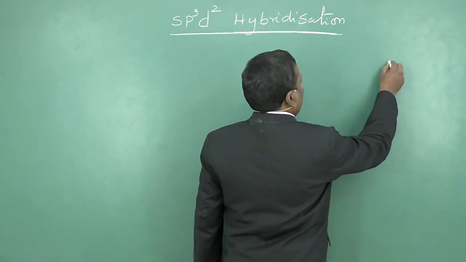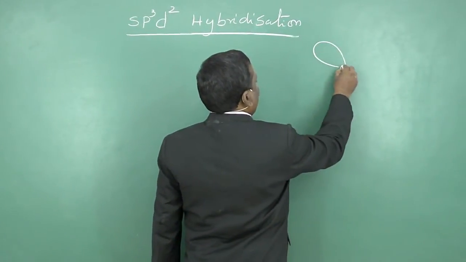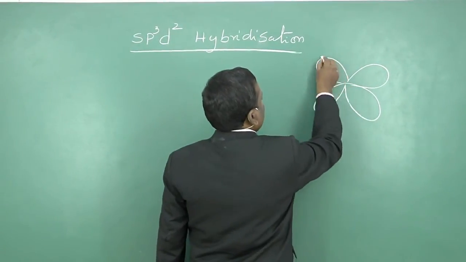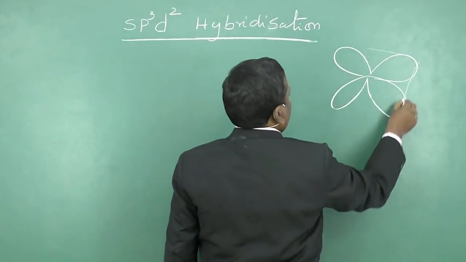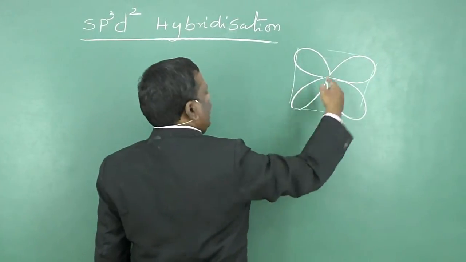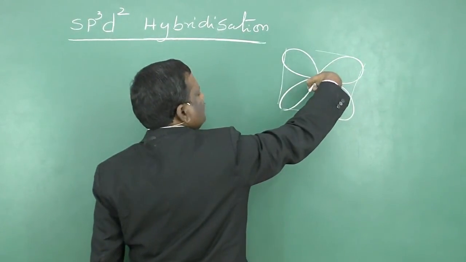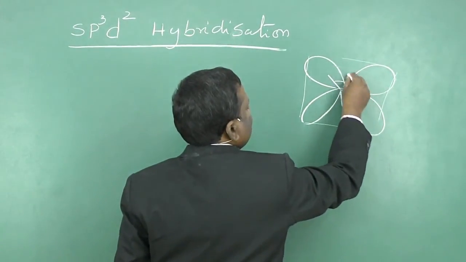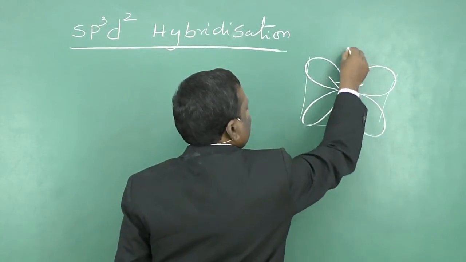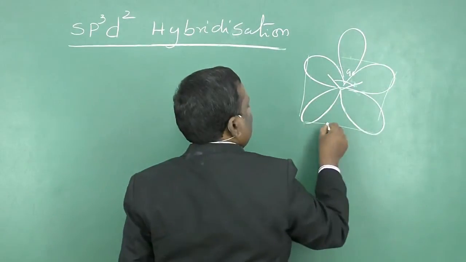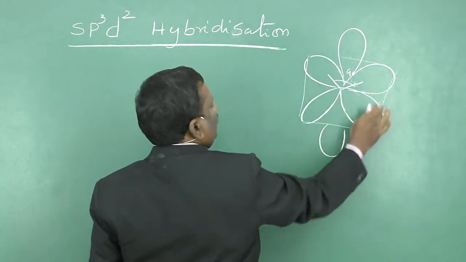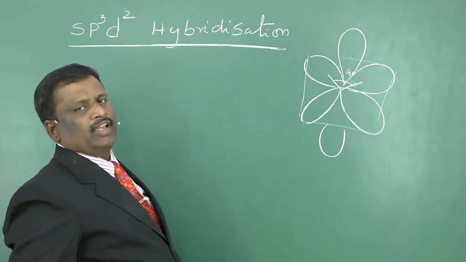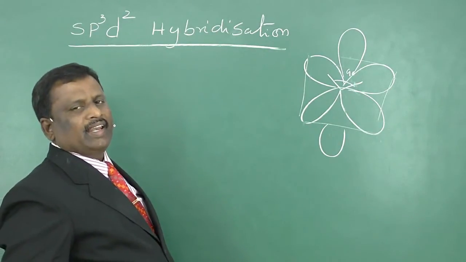Out of these 6 orbitals, 4 orbitals are in one plane like this, and the other 2 orbitals are perpendicular to this. So the bond angle here is 90 degrees.